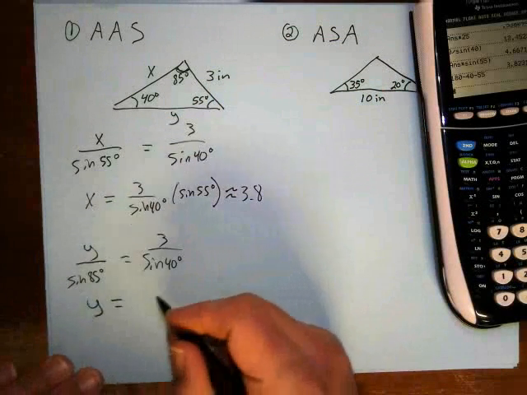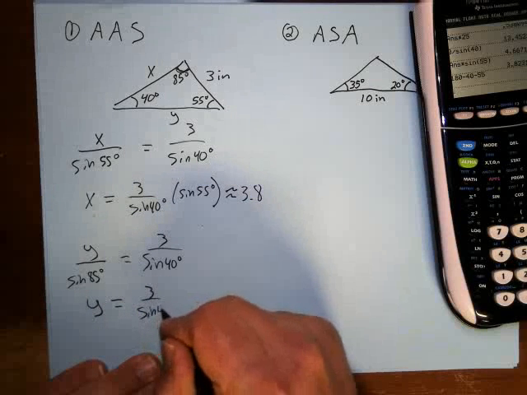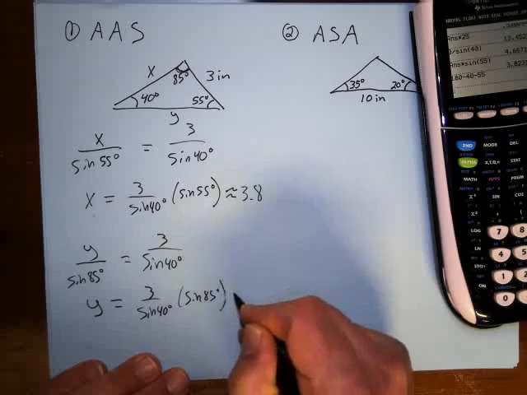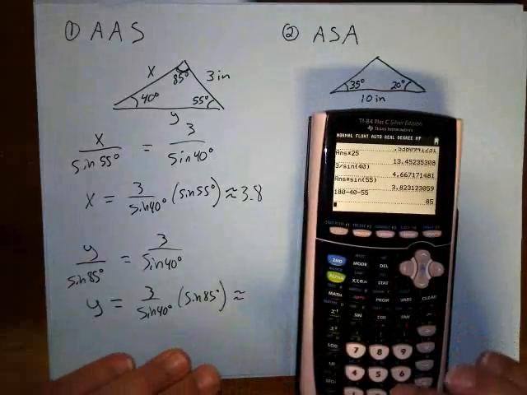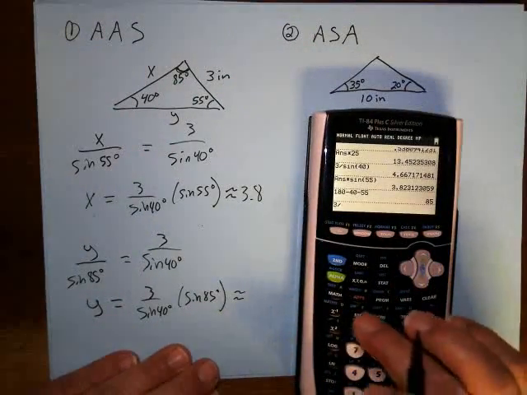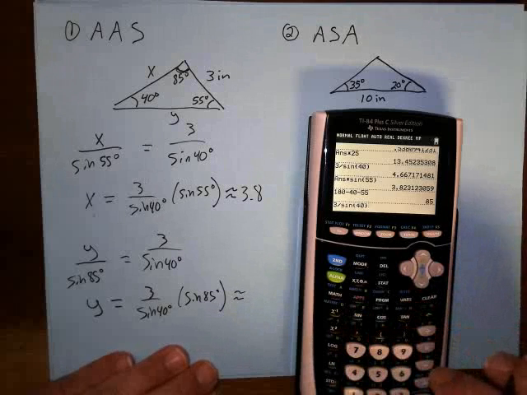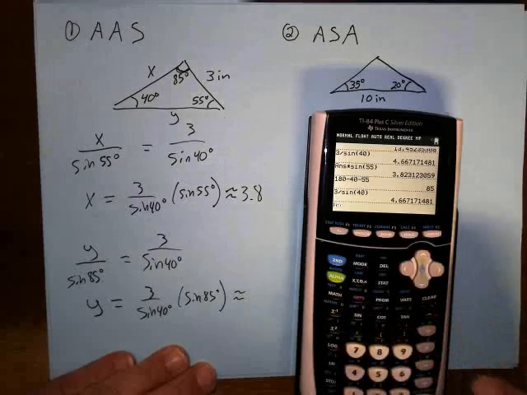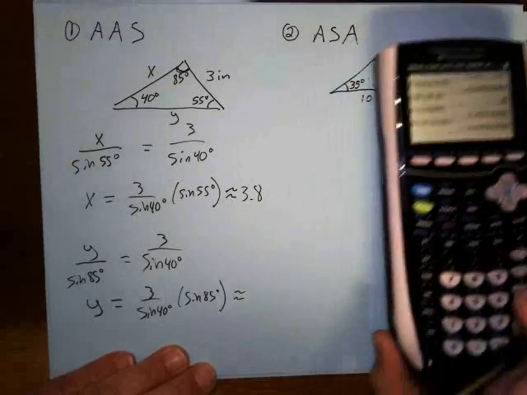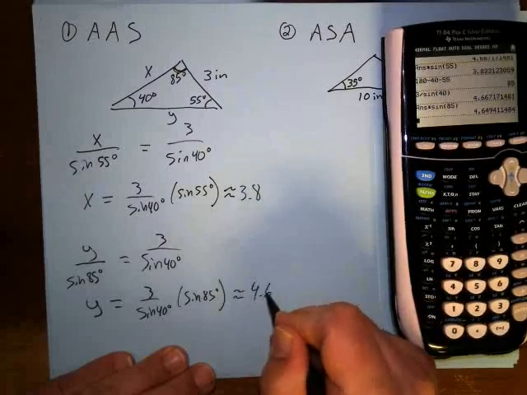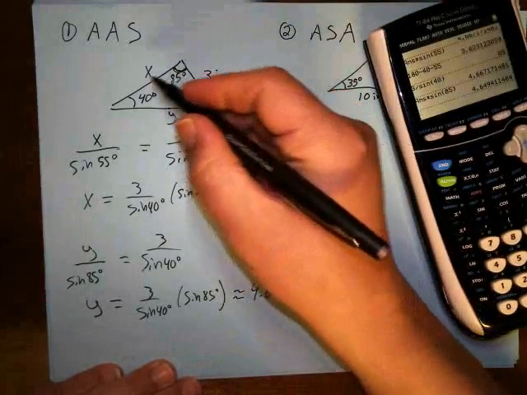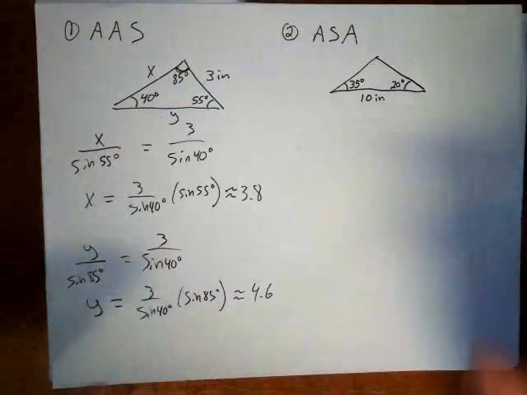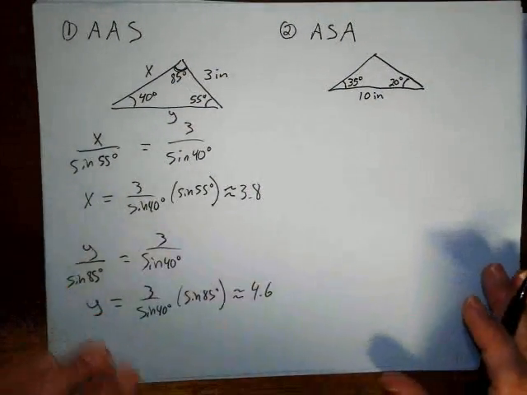And so y is equal to 3 divided by sine of 40 times sine of 85 degrees. And that's like 4.6. So this is 3, this is 3.8, that's 4.6. Now we've solved that triangle. We got all the sides and all the angles.